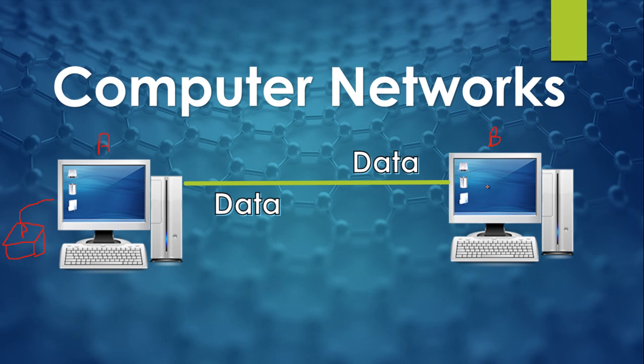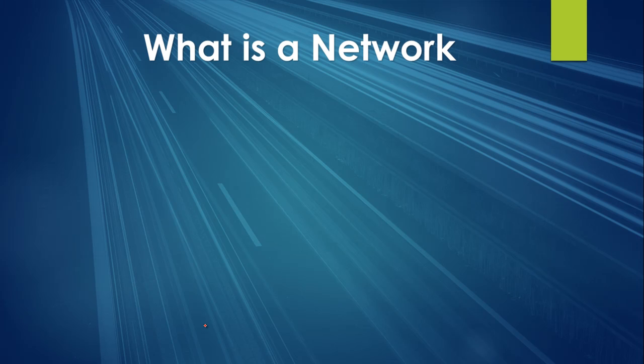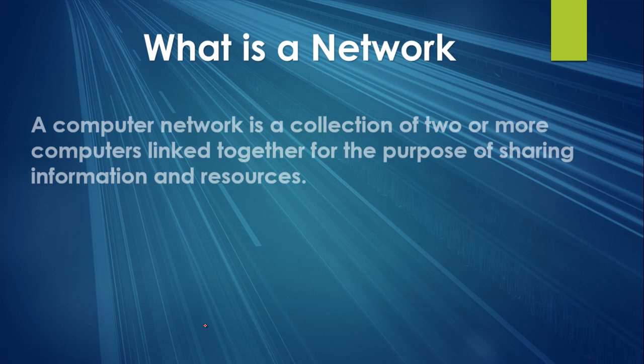He simply gives the print command from his system, and the print file will move through this cable and the printout will come from this printer. So this is the best benefit of computer networks: with their help we can connect multiple systems together so that they can share their data as well as their resources with each other.